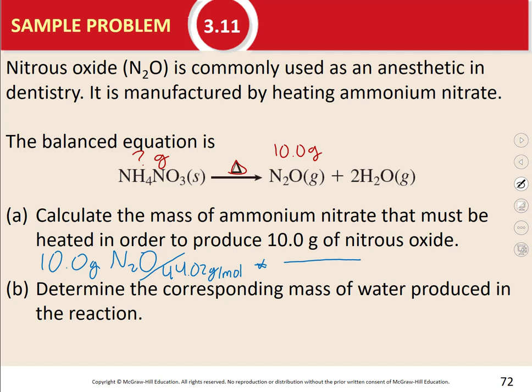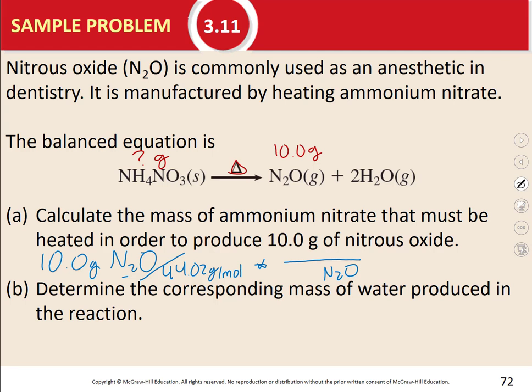So in my molar ratio, what species will go on the bottom? Nitrous oxide, N2O. Again, what we start with always goes on the bottom so that it can do what? Cancel. What goes at the top?